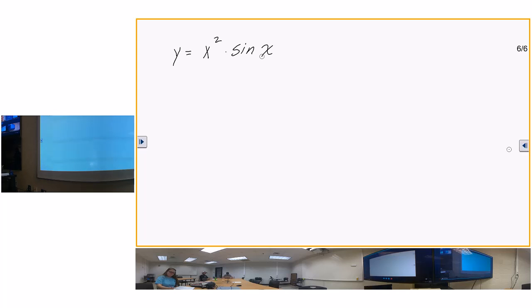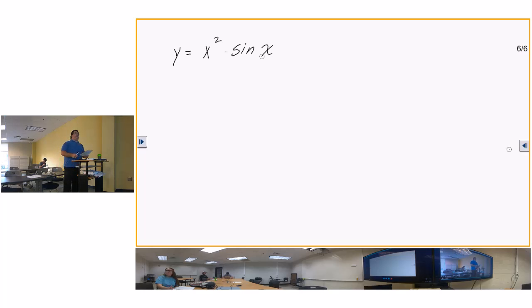Now you could do it both ways. I want you to do it both ways. I want you to do it by the product rule, and then I want you to do it by taking the log of both sides. And then, of course, you'll probably quit halfway through.